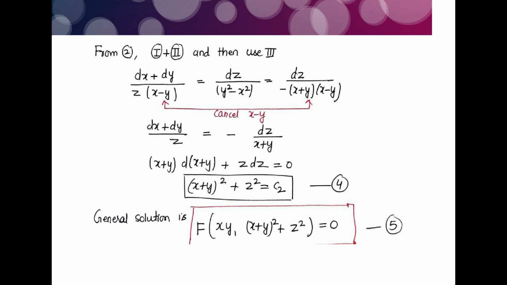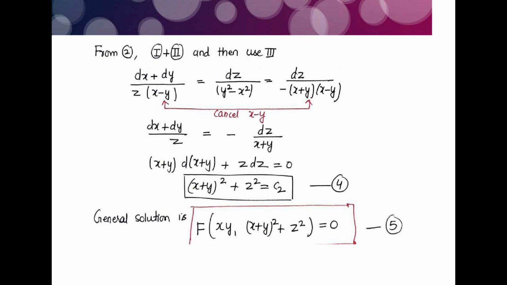From the auxiliary equation we get dx plus dy, and the denominator will be z times x minus y. Now I can compare this ratio dx plus dy with dz. Factorize the denominator of dz. We have x plus y into x minus y with minus sign.